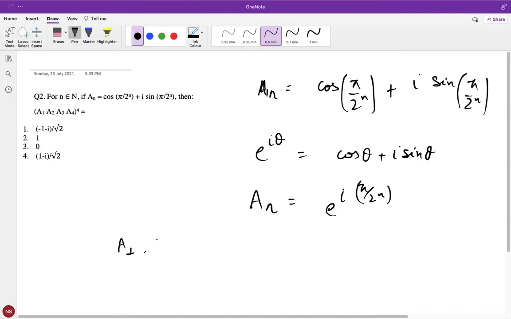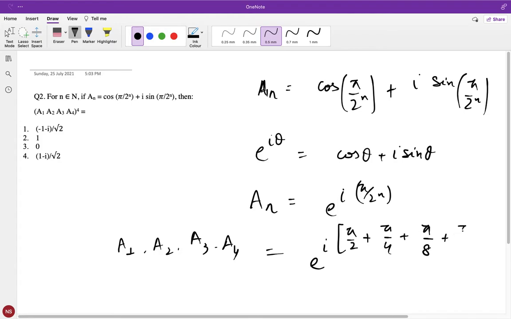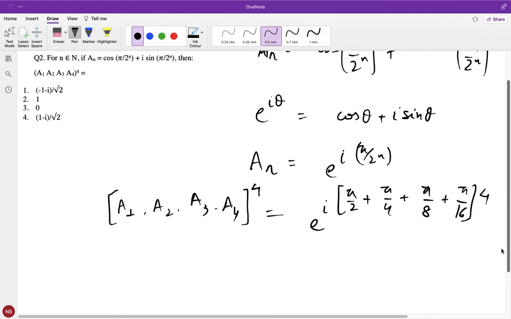So a1 times a2 times a3 times a4 will be e to the power i times (pi/2 + (pi/2)^2, which is pi/4... the powers get added: pi/2 + pi/4 + pi/8 + pi/16). Now it's whole raised to the power 4, so 4 is also multiplied here.